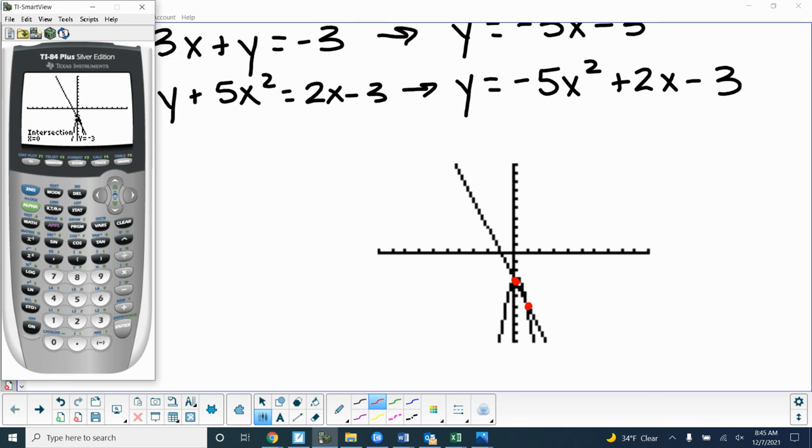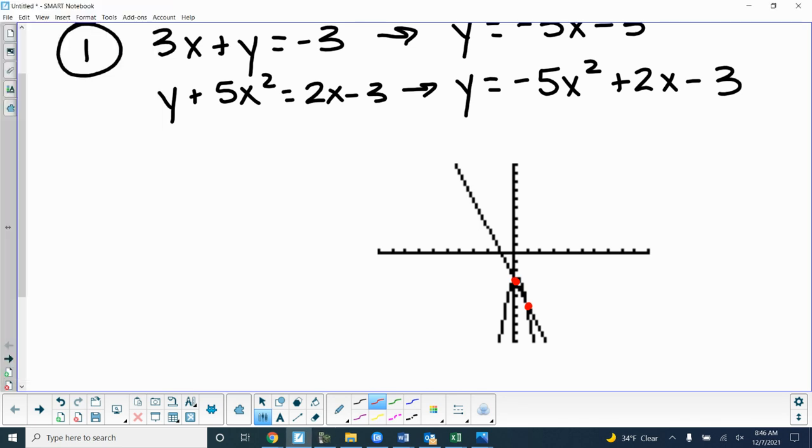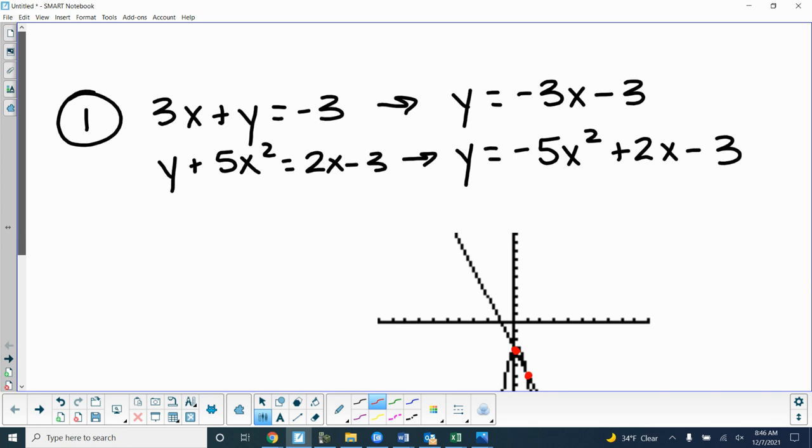So the calculator's asking you to give it a better idea of where it's supposed to look, okay? And it actually is the y-intercept, which is -3 for both of them. We could kind of tell that if we look at the 2 equations. Remember, the c value is your y-intercept, right?